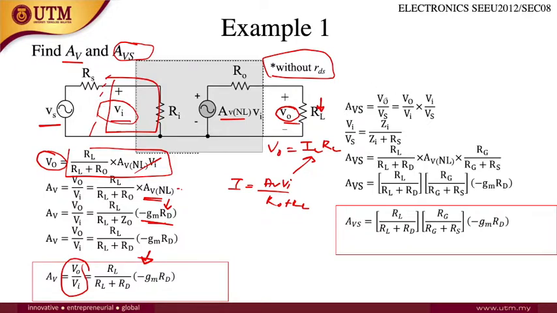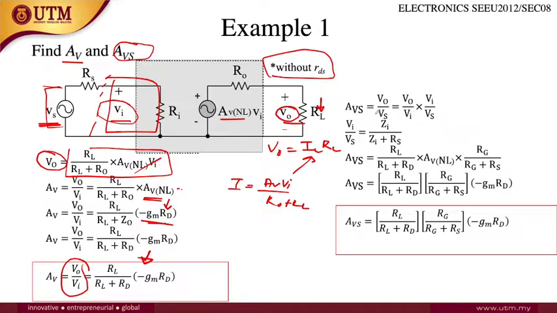This VS, yeah. It means that this output is related to this source. So you have to consider RS inside this equation, because you are considering the whole AC equivalent circuit at this point.